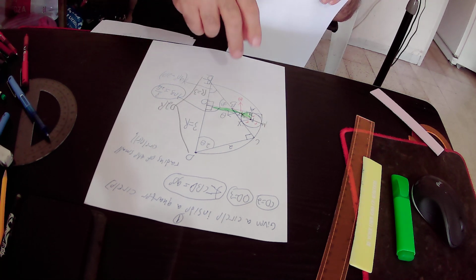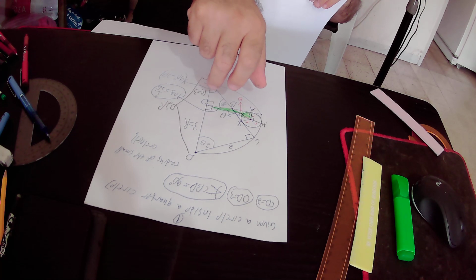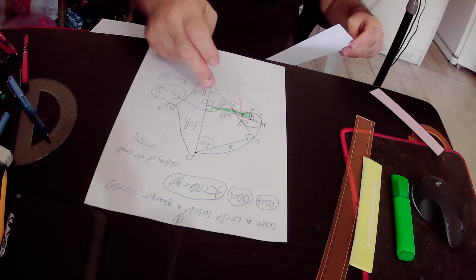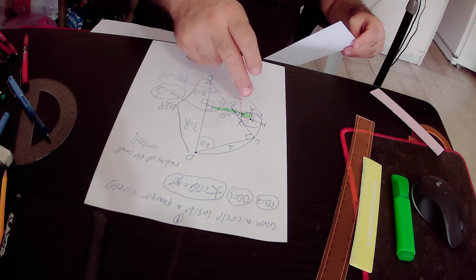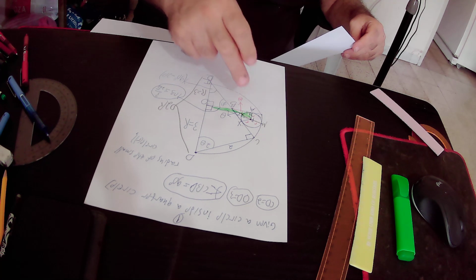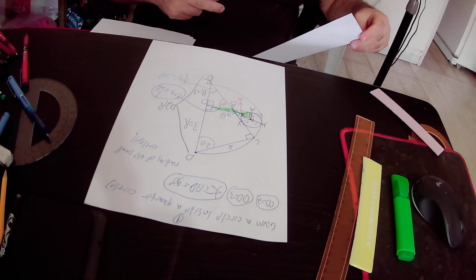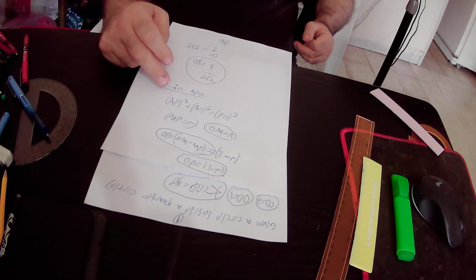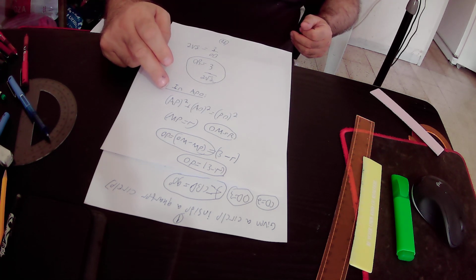And then we connected points P and O by a straight line. We know that triangle APO is a right triangle because angle OAP is a right angle. So in the right triangle APO, we can use the Pythagorean theorem: AP square plus OA square equals PO square.